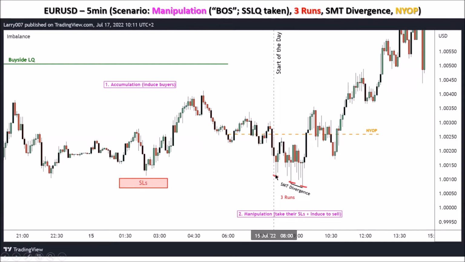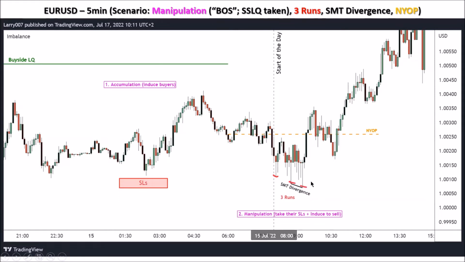So here what's interesting is the SMT divergence and the three drives. The three drives is like 1, 2, 3. Generally, this is a reversal pattern, three drives, and it reverses, and we change the structure.